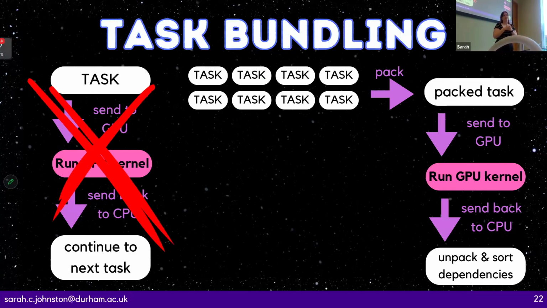We would pack them, by which I mean basically we put them into these really long contiguous arrays, just allocating certain particle indexes to certain cells. And then we take all those packed tasks and we send them to the GPU, and it would run the GPU kernel on as many of those cells as it possibly could in one go, and then send it back to the CPU. And once we had it back, we would unpack everything and we would sort out all the dependencies of the tasks that we had just been storing.